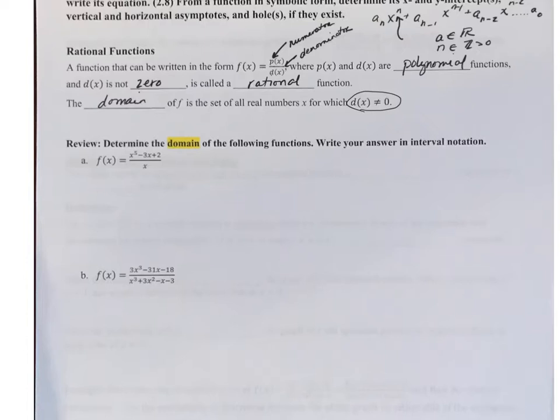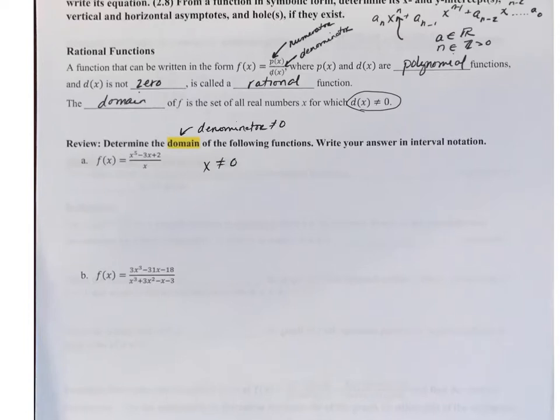So the first one is f of x equals x to the 5th minus 3x plus 2 divided by x. That's a rational function. I have a 5th degree polynomial in the numerator and a 1st degree polynomial in the denominator. Now remember, the only restriction on my domain is that the denominator cannot equal 0. Okay, so in this case, I'm going to look at the denominator, it's x, and I know that x cannot be 0.